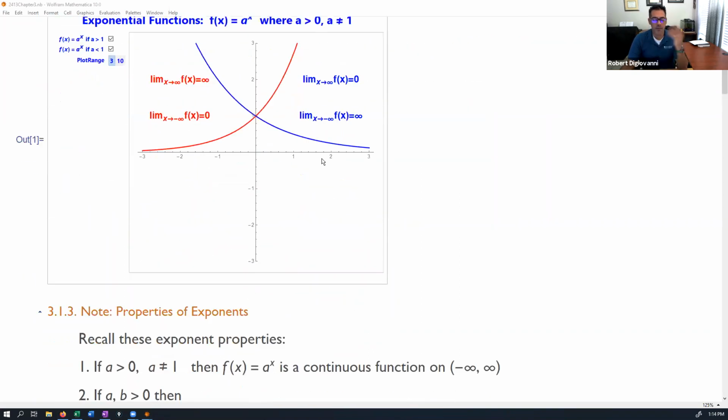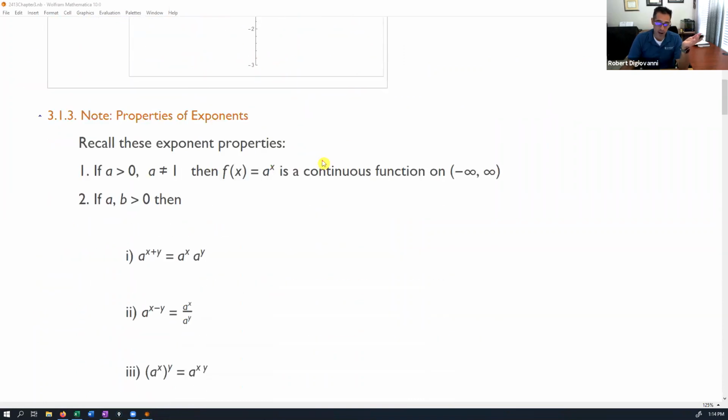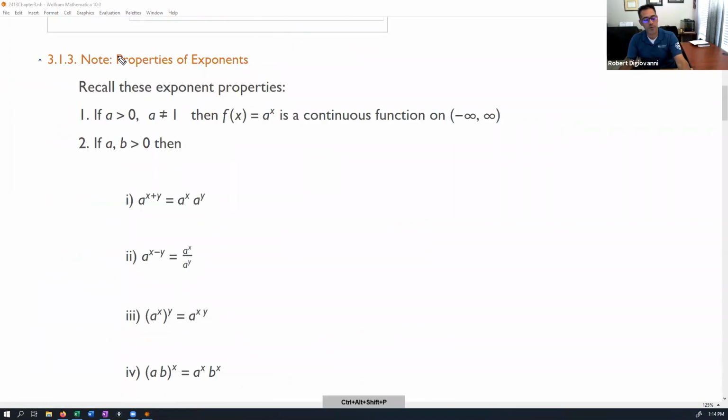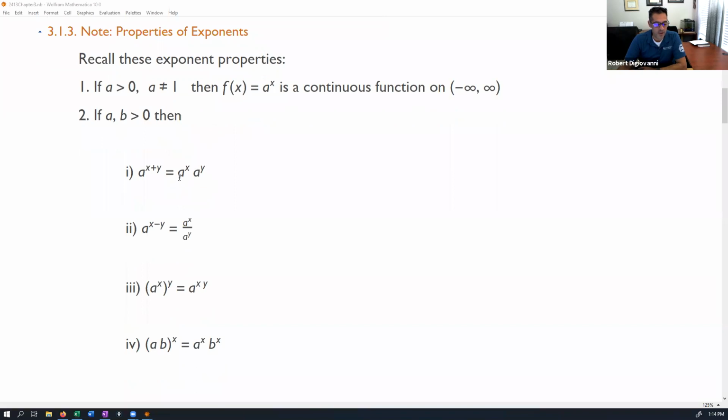Okay, now back in college algebra, you learn all of these properties of exponents. We've worked a little bit with this, but I just want to remind you of what the properties are. When you deal with exponents, if you have something raised to a power times something raised to another power, so this is multiplication, then you add the exponents. If you have division, then you subtract the exponents.